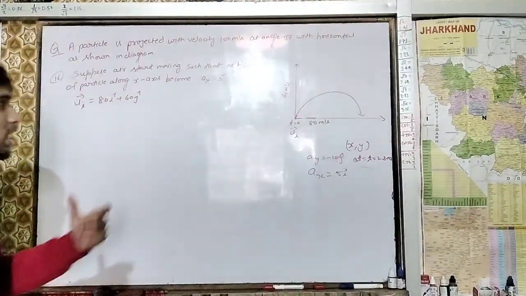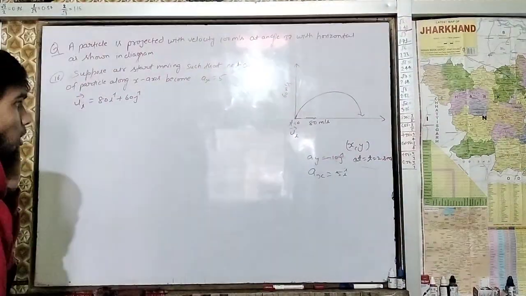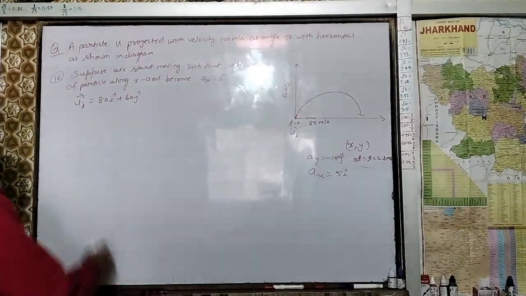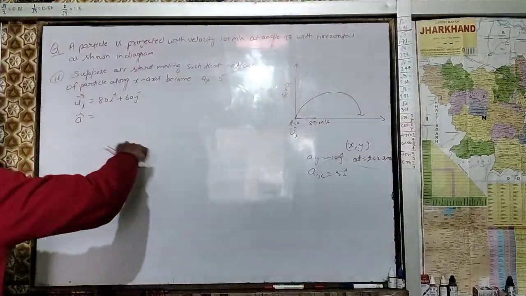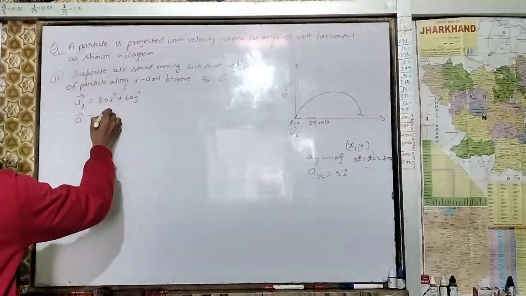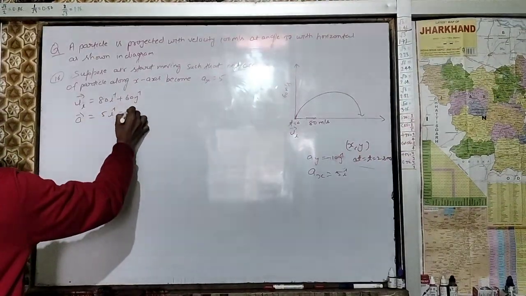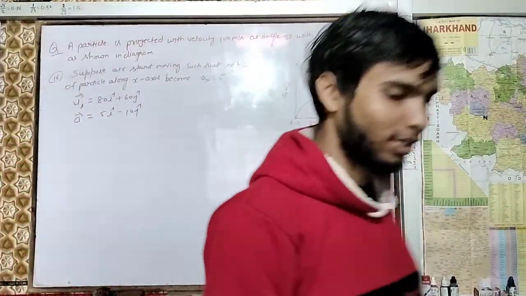Okay, this is your initial u in the language of a vector. Now, what will be your acceleration? Acceleration is going to be for x and for y. So x is 5 i cap and y is minus 10 j cap. Just multiply. You will get something.